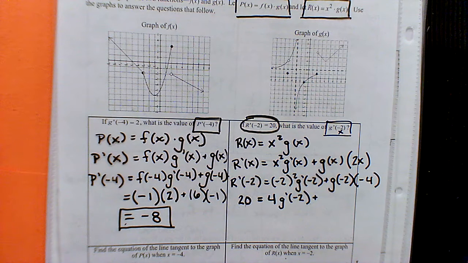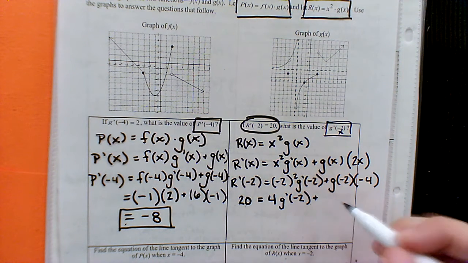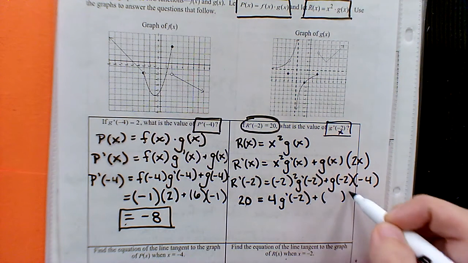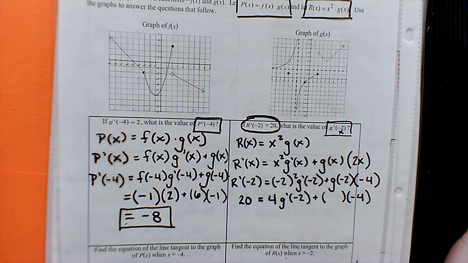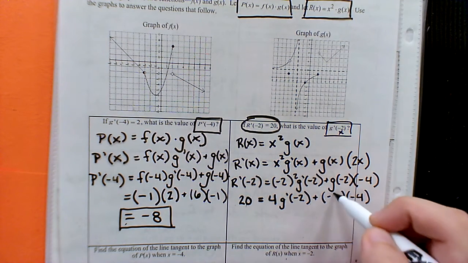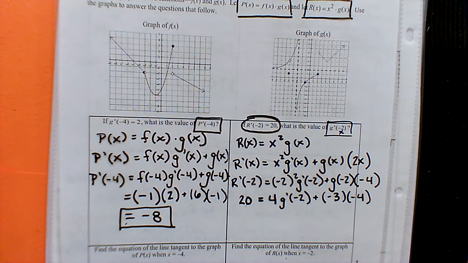What do you think? You guys thinking negative 3? Is that all right based off the graph?